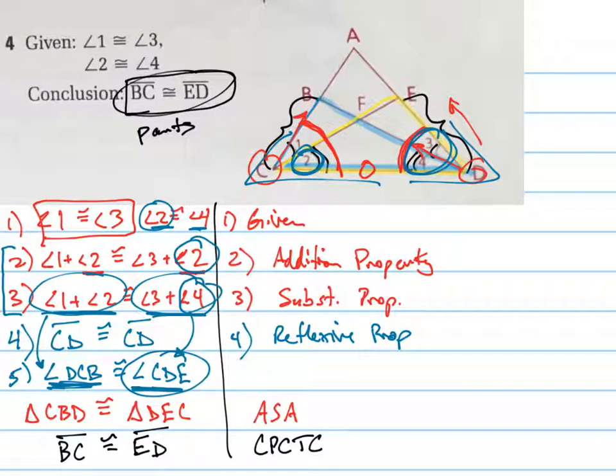And then this is my side down here. So I'm using angle side angle to show that those two triangles are congruent to each other. Your teacher might not expect you to do that, but that's technically what maybe your book would expect you to do.